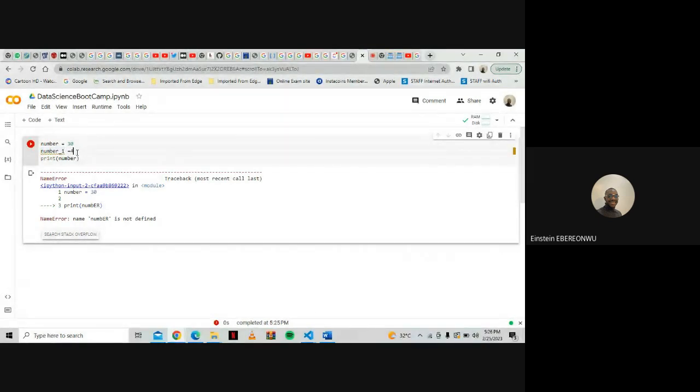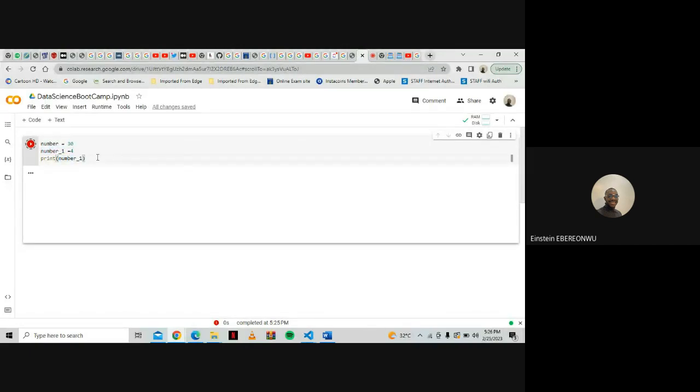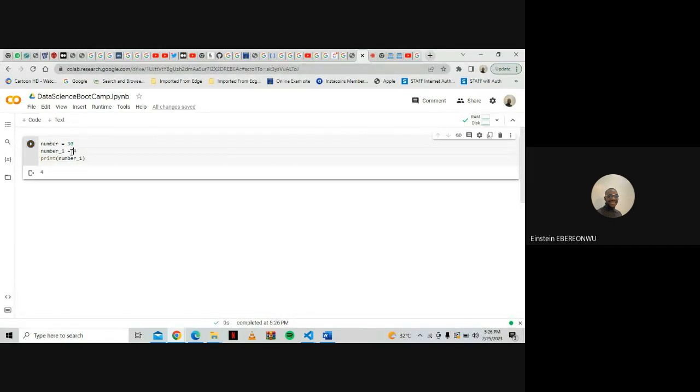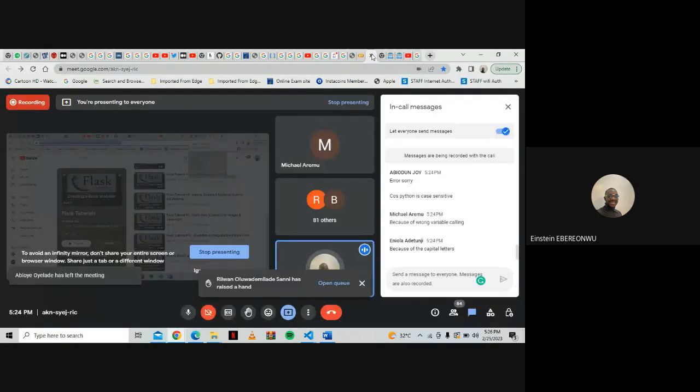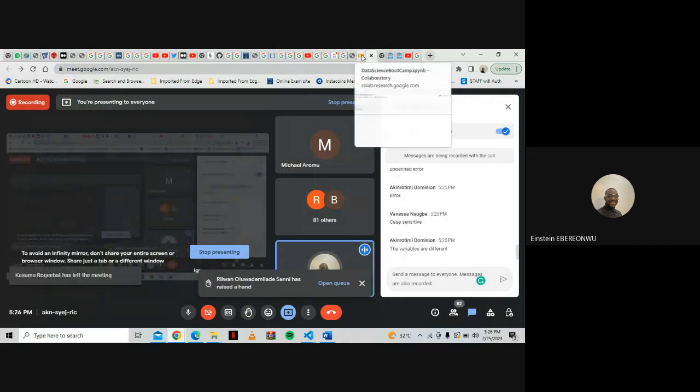Let's say I wanted 30 but I'm getting something else. There's something wrong with the logic. I'm not getting the right results that I require. So we're also going to be looking into errors and how to understand what an error message means, so you can easily identify the error you're facing.